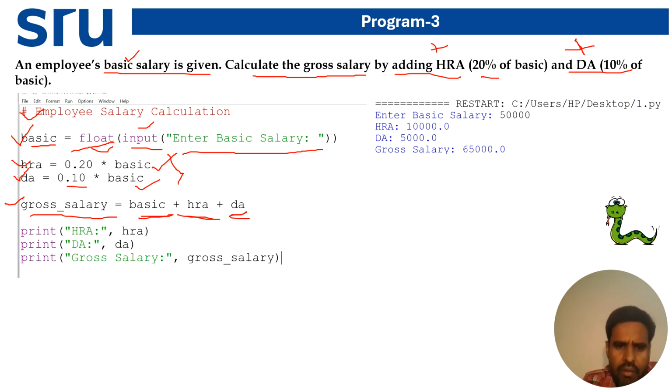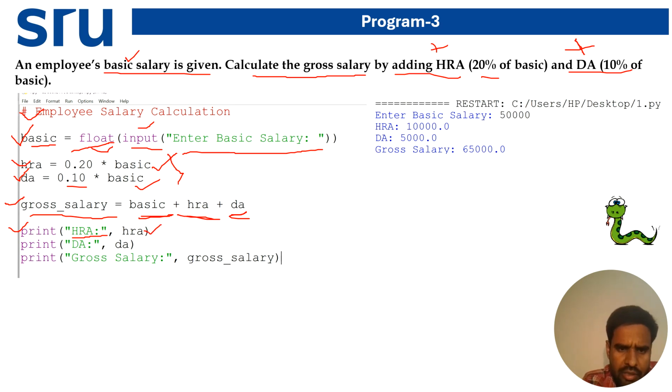Now I'm going to print the result. I print HRA, which gives the message, only a message in double quotes. The HRA output is stored in HRA.